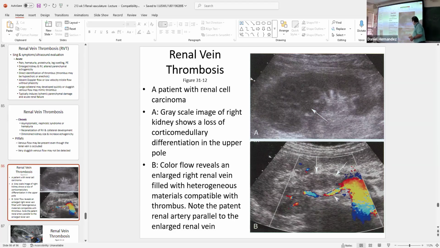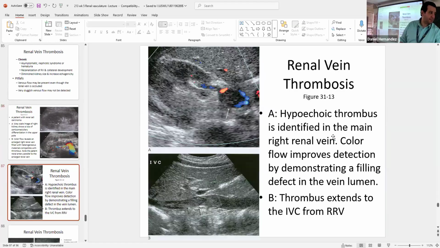Got renal artery, the renal vein anterior to the artery, and then thrombus within that main renal vein there. So it's a partially occlusive main renal vein. A little further out, again, you can see the intraluminal echoes within it. And then thrombus now in the patient's IVC. So it's worked its way all the way into the IVC now.